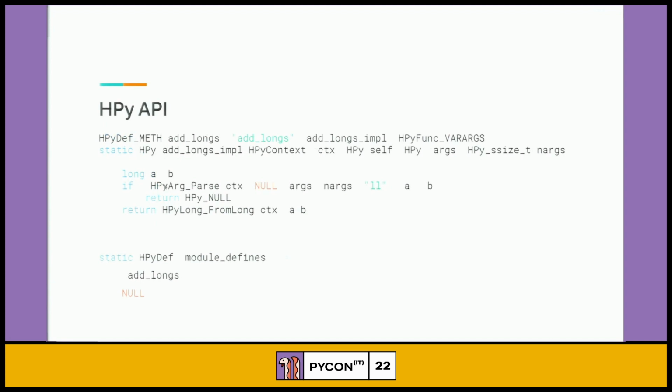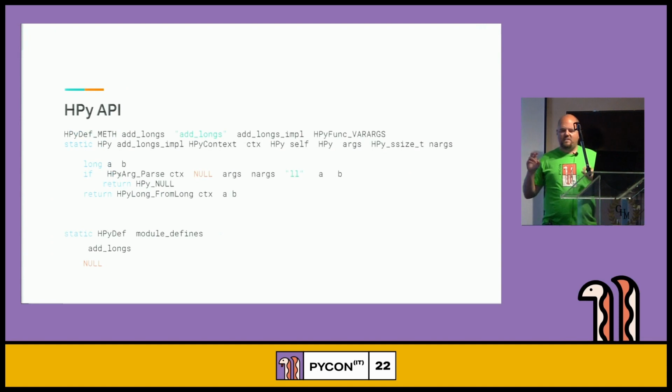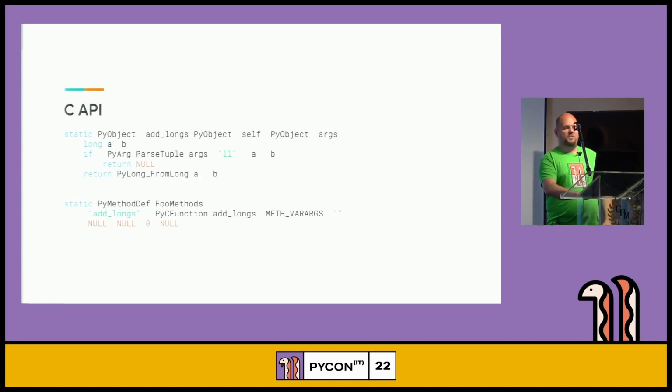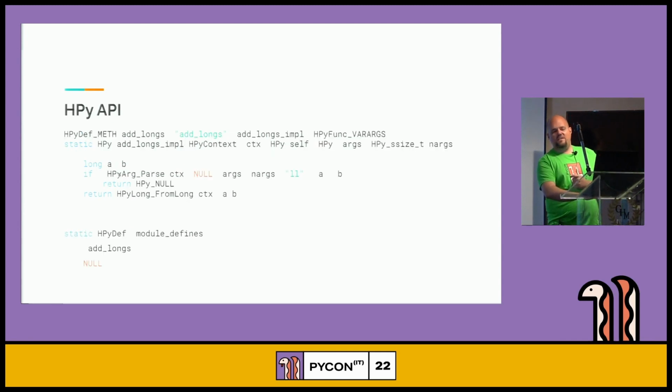The biggest difference is that you also have to add this kind of decorator or something similar to a decorator in C, which is a macro, which does a bit of magic. Because in order to implement hpy on CPython, we need to write what we call a trampoline, so a function which has the signature that CPython expects, and under the hood calls this implementation. This is done automatically by hpy, but that's why you have to write this macro.